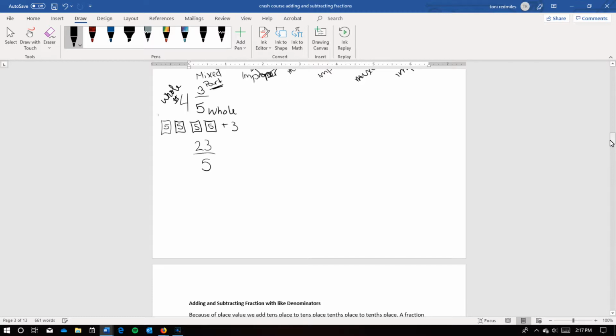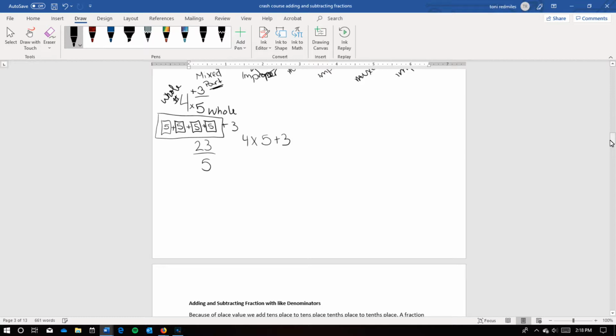Now this part is repetitive addition if I added them all together. Repetitive addition can turn into multiplication. So I can say I have 4 pieces times 5 pieces in each, 4 bags, 5 pieces in each bag plus the 3 left over. Look, that's our original numbers.